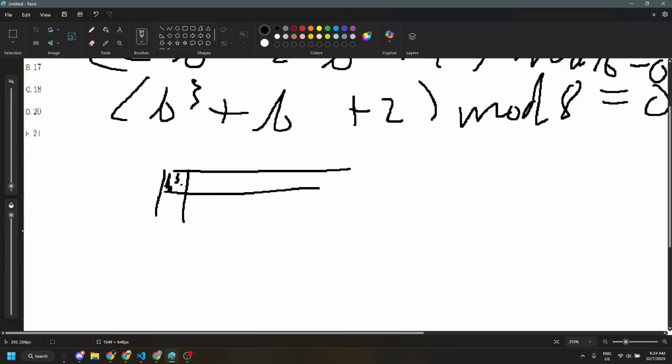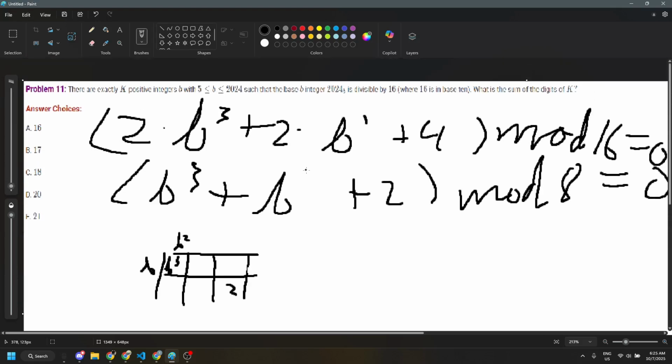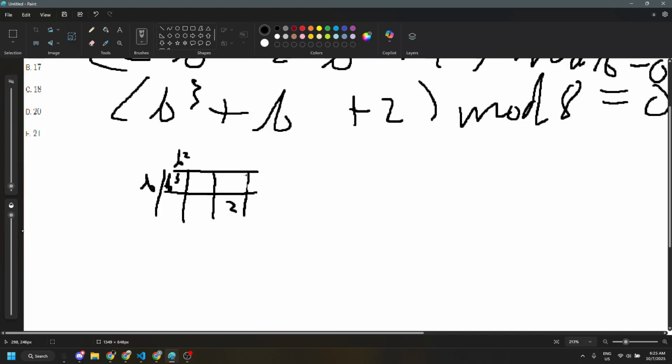B cubed, and then 2, and this gives me b squared. This will give me b, then let's say this gives me 1 and we'll get up to 2 here.